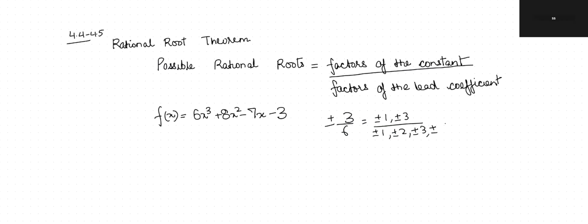Okay. So the possible rational roots will be plus minus 1, plus minus 1/2, plus minus 1/3, plus minus 1/6, plus minus 3, and plus minus 3/2.